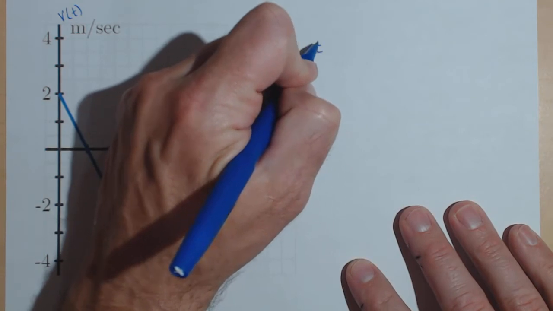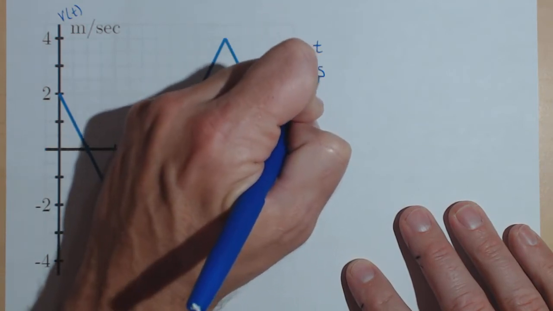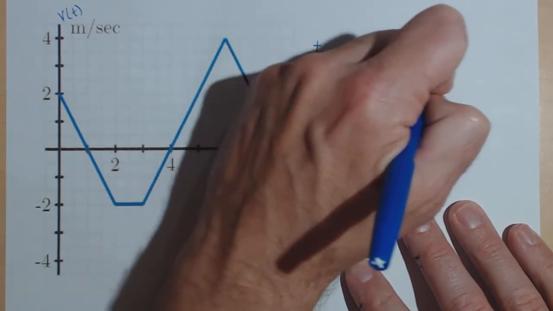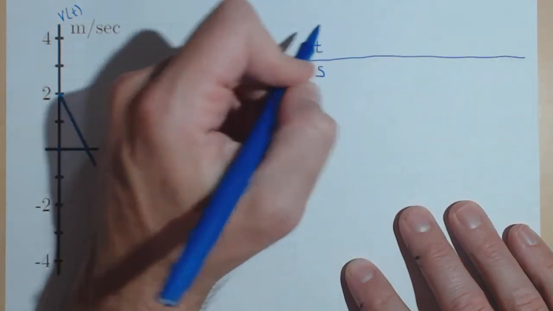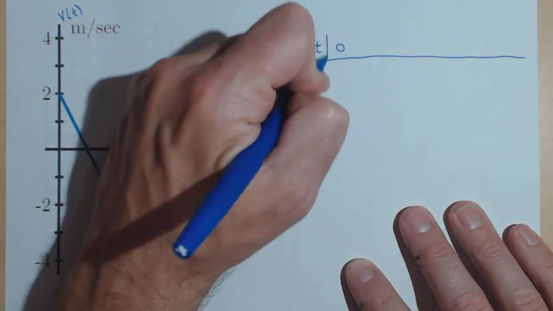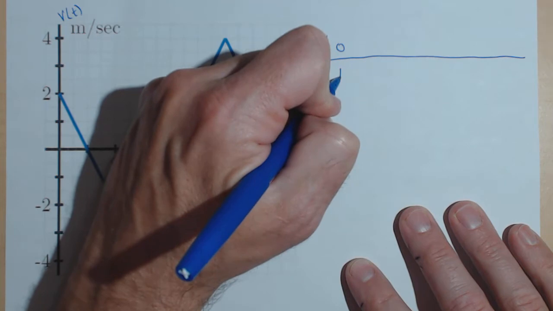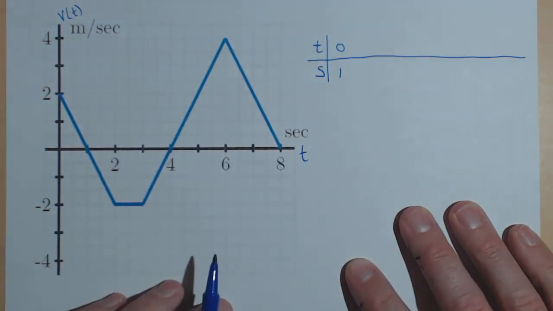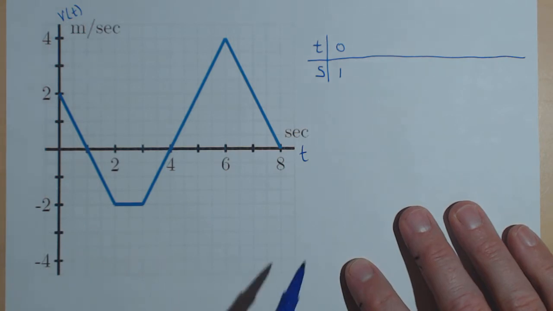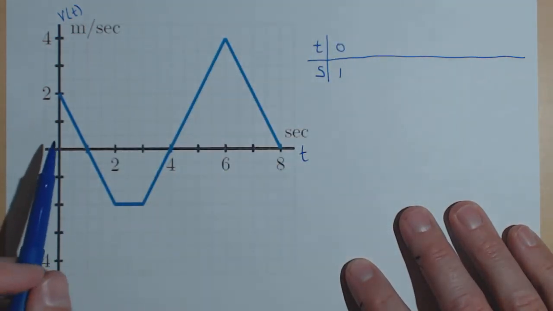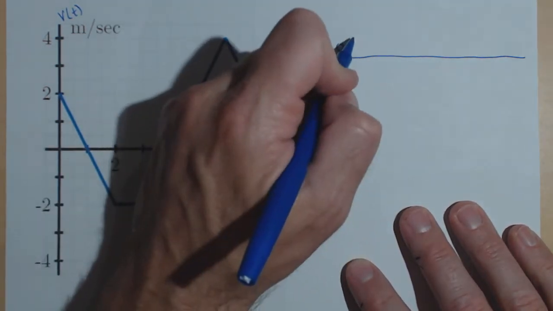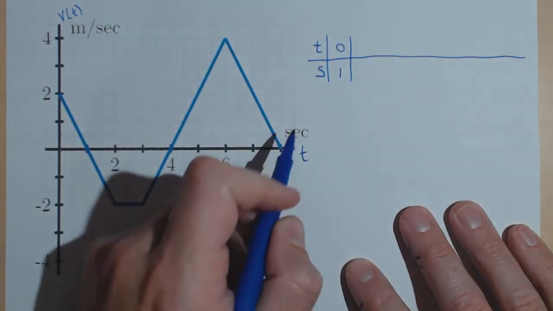We can look at particular time intervals and see what their position is. Now we are given that at time 0, this person is at 1 meter from some point. What we're going to do is figure out their change in position for each additional second.